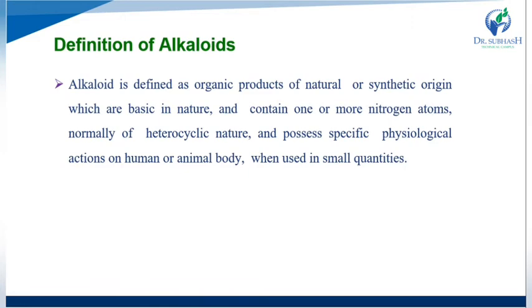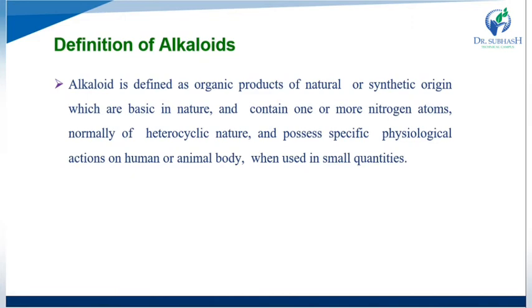Alkaloids are defined as organic products of natural, biosynthetic or synthetic origin which are basic in nature, and they contain one or more nitrogen atoms. That's why they are called alkaloids.